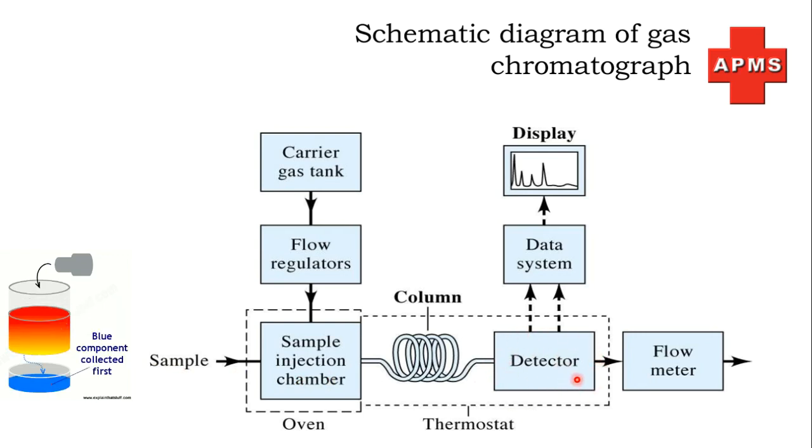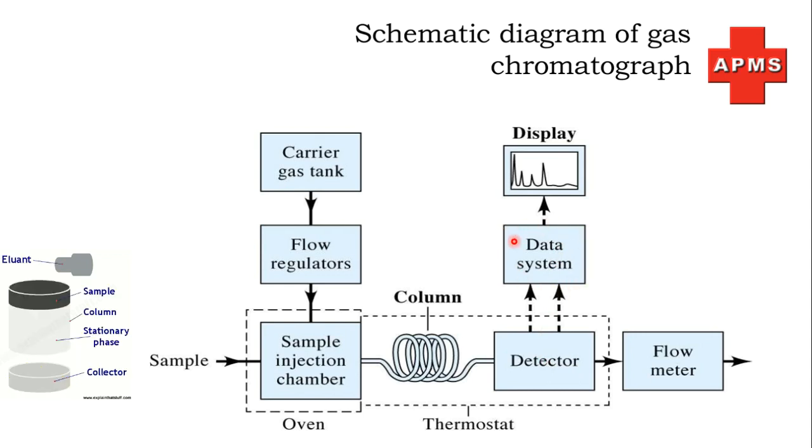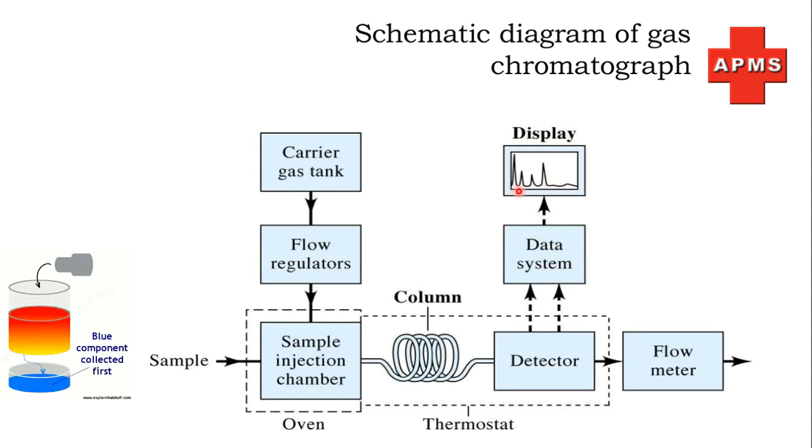The detector makes a type of signal, and these signals go to the data system, which could be software on this computer system, and are displayed on the monitor screen.